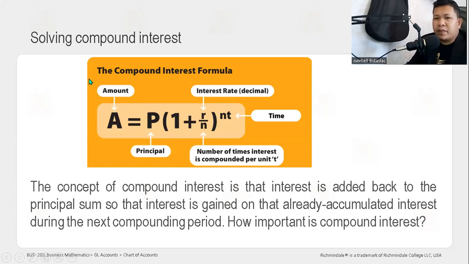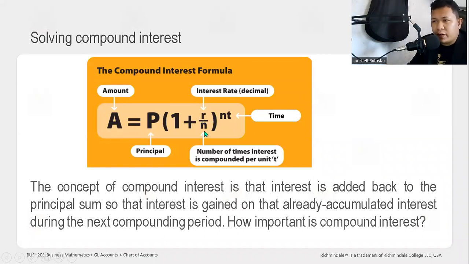Okay, so the compound interest formula, A stands for the amount, P stands for the principal, R stands for the interest rate. Okay, so in this part you have to convert the interest or the percentage into decimal. All right.